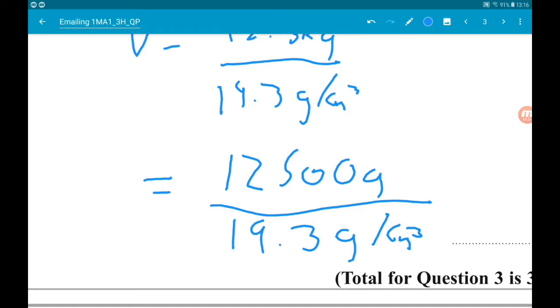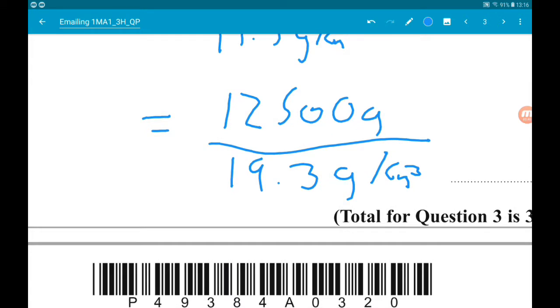Now, if we do 12,500 divided by 19.3, we get 647.6 blah blah blah. That to three significant figures is 648, and that's volume, so it's centimetres cubed.